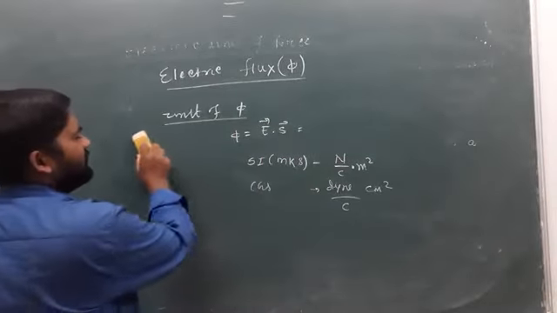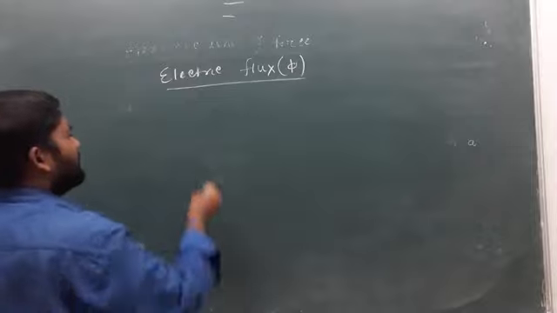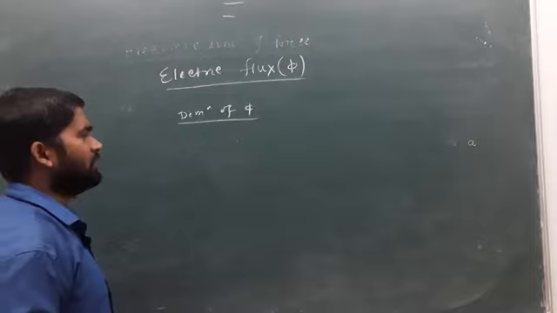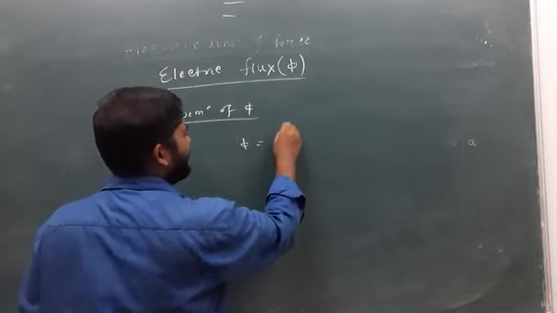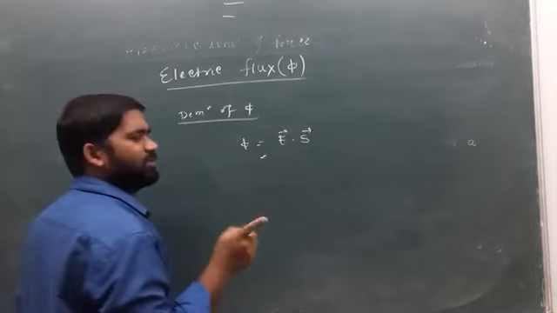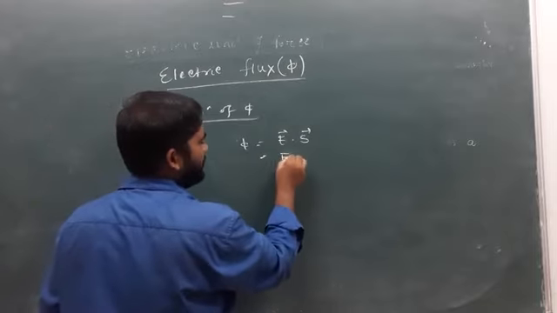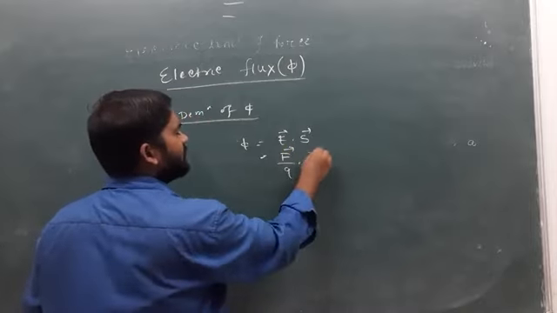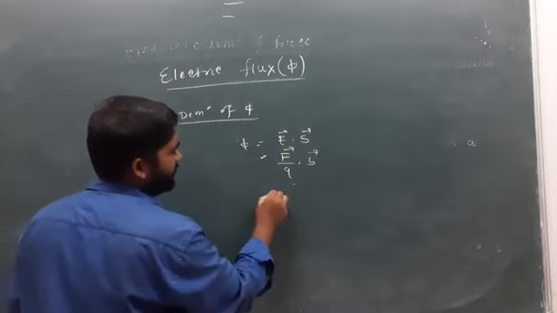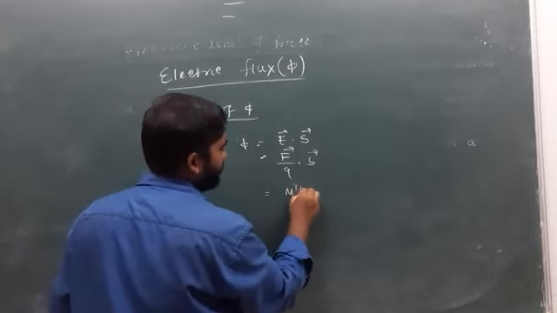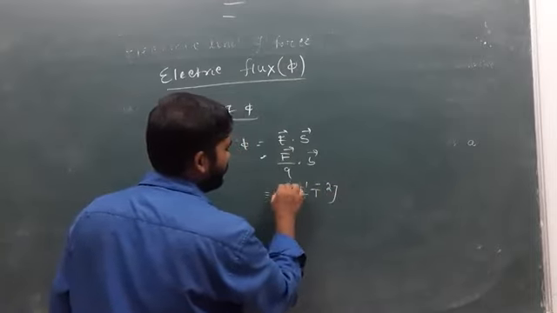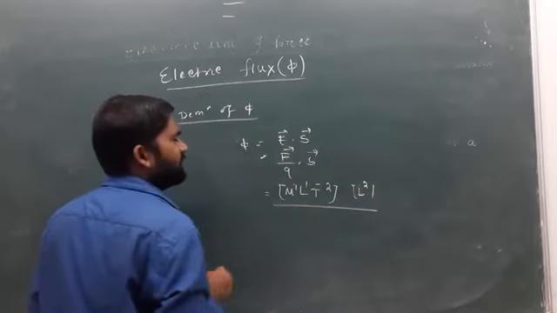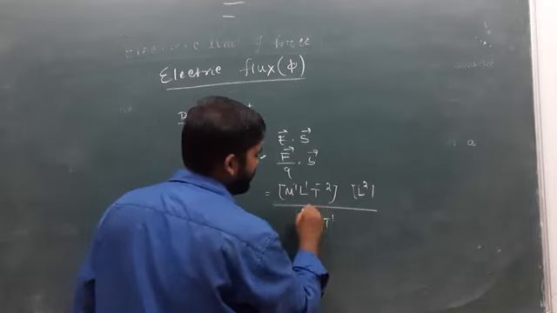So what is the dimension? Dimension of phi: phi equals E dot S. Simply we can convert E equals F by Q, dot S. Taking the dimensional analysis, F is M1 L1 T minus 2, S is the area with dimension L2, and charge is A1 T1.